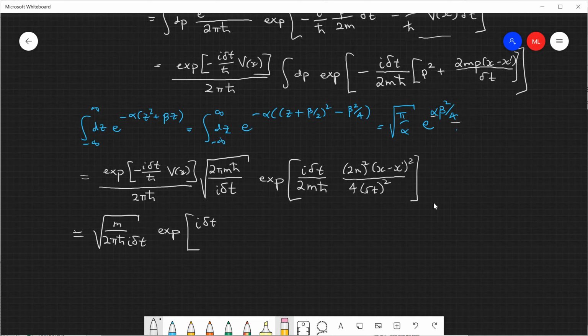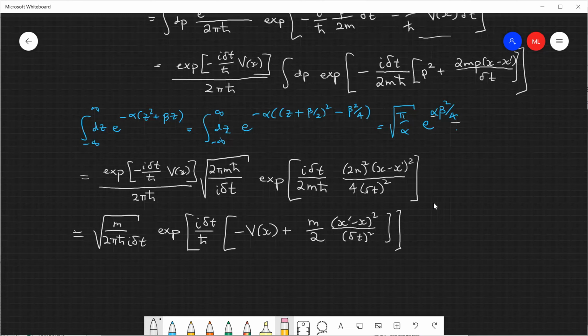There's a common factor of i delta t over h bar. And you get minus V of x from the potential part. And then out here, one of the m's cancels, the 4's cancel, and you get m over 2. That's from this 2 over here. You get m over 2, and then you have x prime minus x squared, or x minus x prime, doesn't matter because it's squared, over delta t squared.